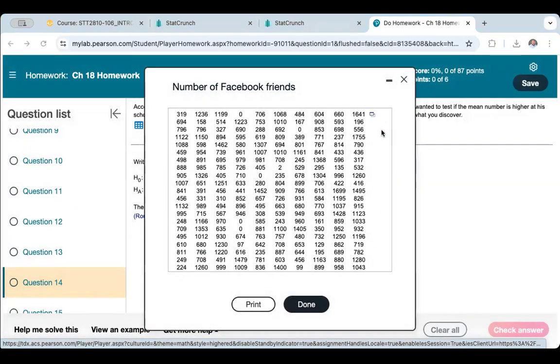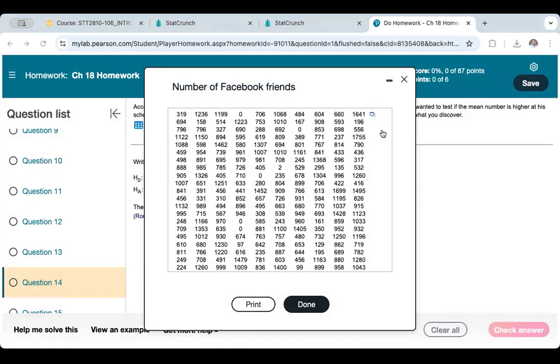Open in StatCrunch. There you go. Okay. And then we go to stats, and then T stats, one sample, with data. It's called VAR1, in my case. I don't know for you. I haven't changed the name.